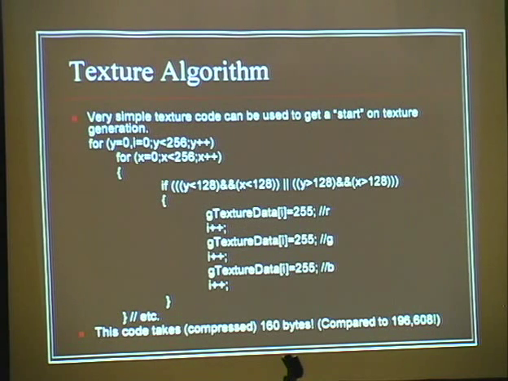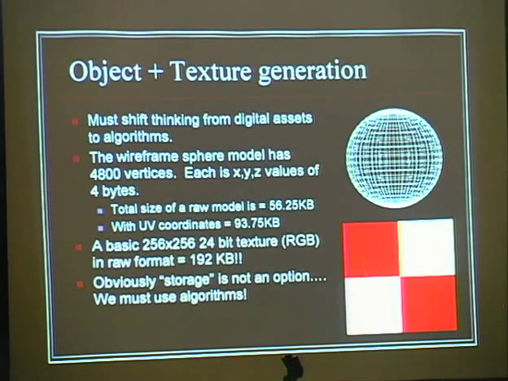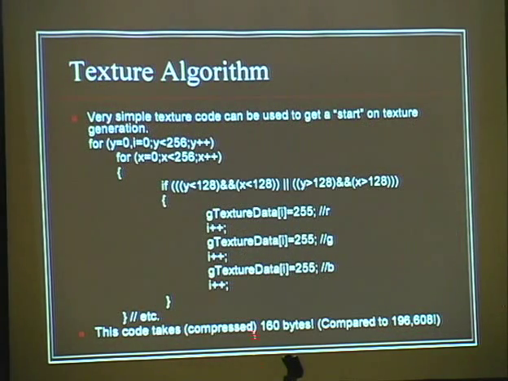So this is a part of a texture generation algorithm that basically says, hey, if I'm in this Y section, this X section, this Y section, this X section, it's basically testing to see if it's in one of these sections. And because this is 256 by 256, 128 is the middle line. And so we can see we're testing against the 128s and says, I'm going to make that white.